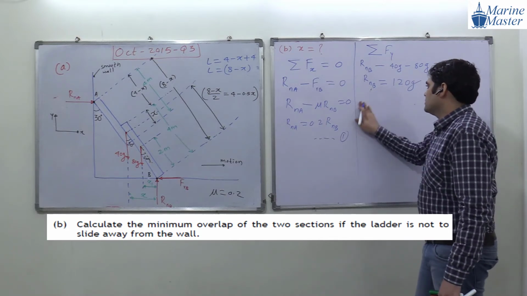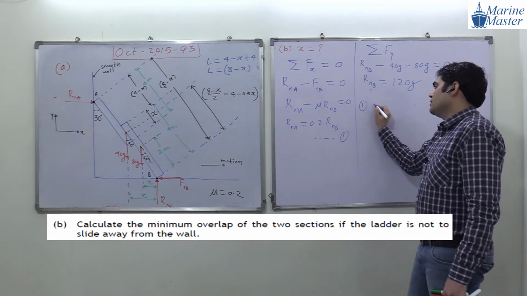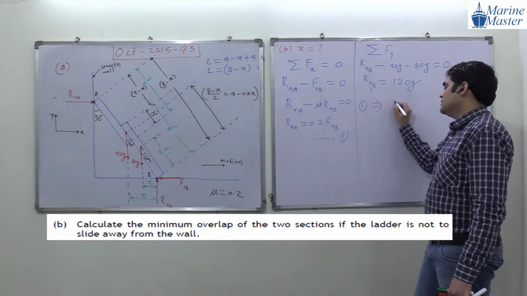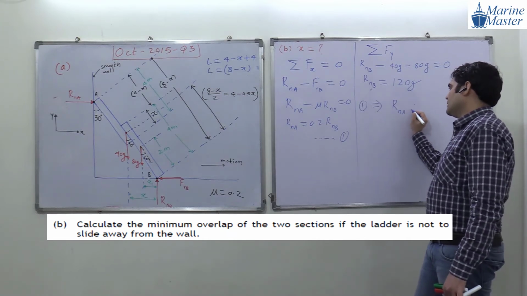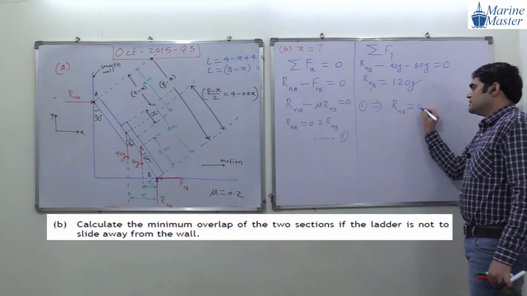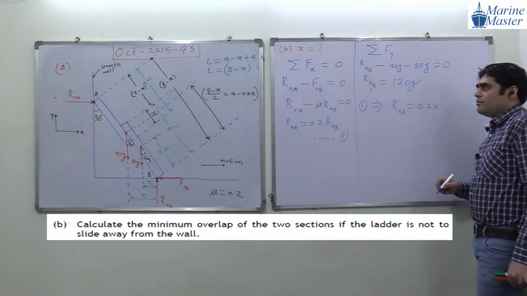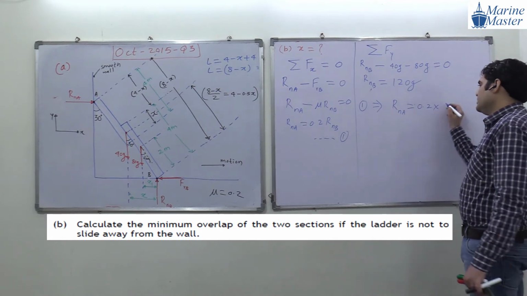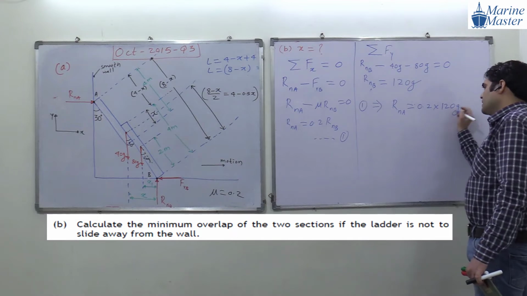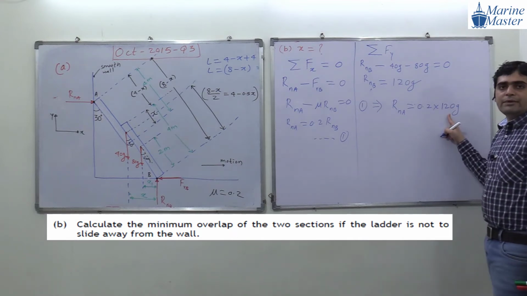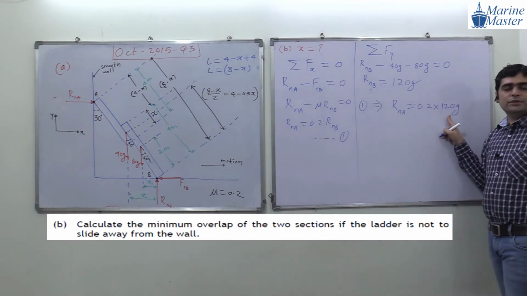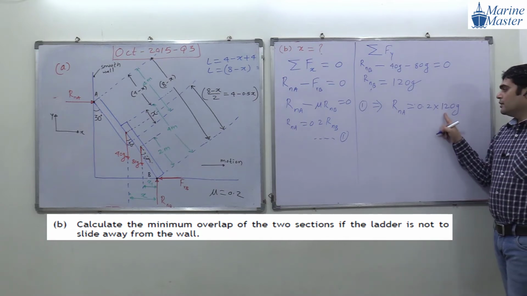So we are going to write down this equation 1. RNA is 0.2, and the value of RNB is 120G. 0.2 into 120 is 24.